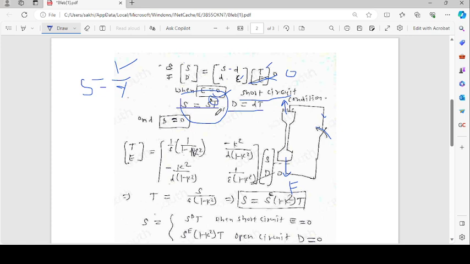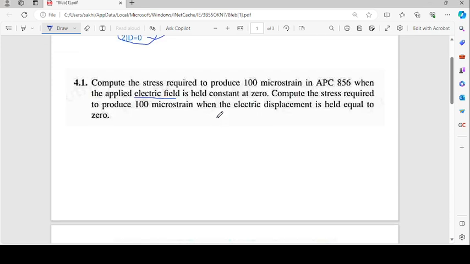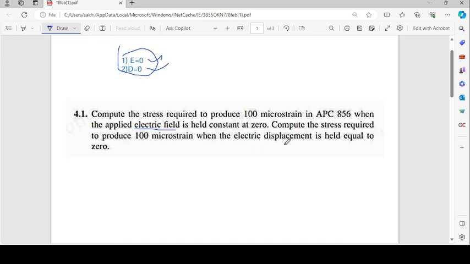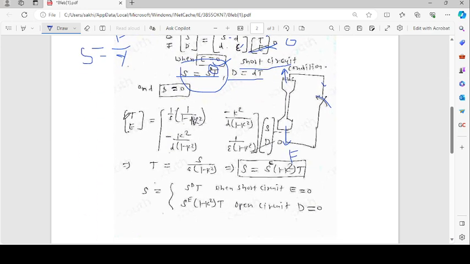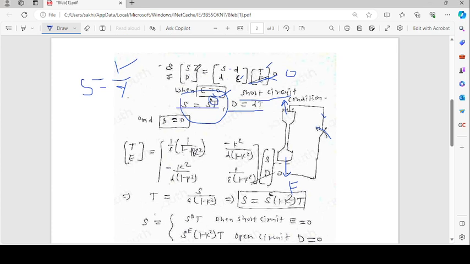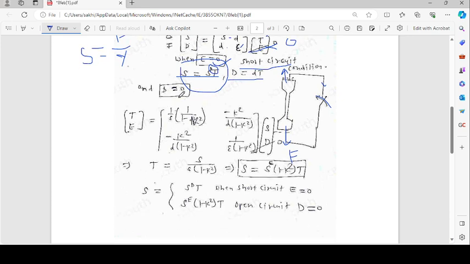So this is our first condition, and our second condition is when the electric displacement is zero, right? So let's see the condition. This is the reverse of this matrix. This is for the direct effect, and this is for the converse effect, right?